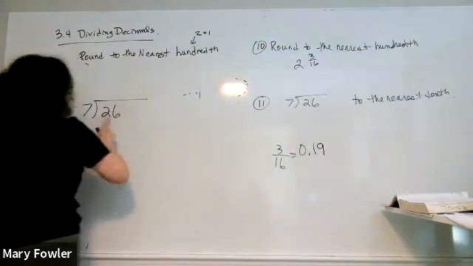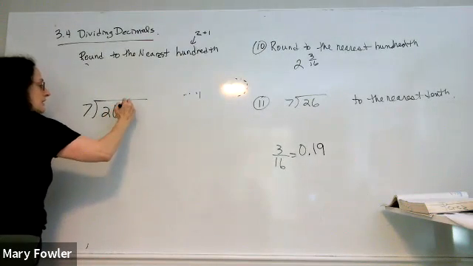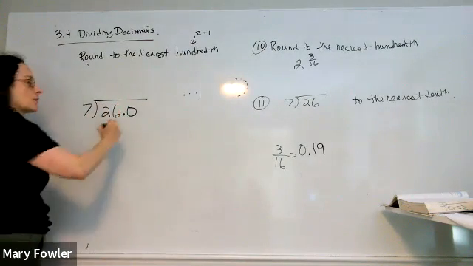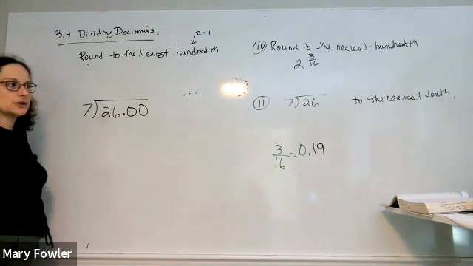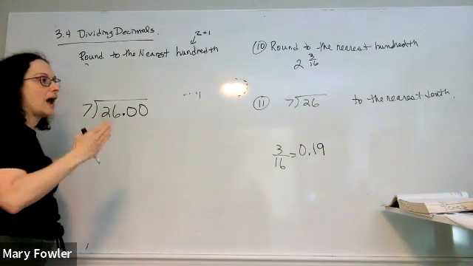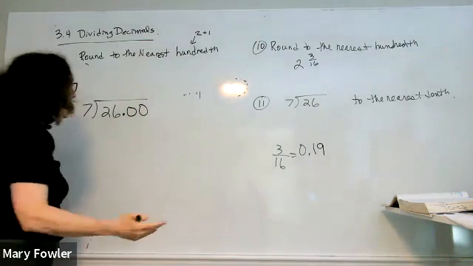Okay, so because we're interested in the tenth, which is 1 decimal point, we're going to move our calculations to 2 decimal points, so we have what we need for rounding.